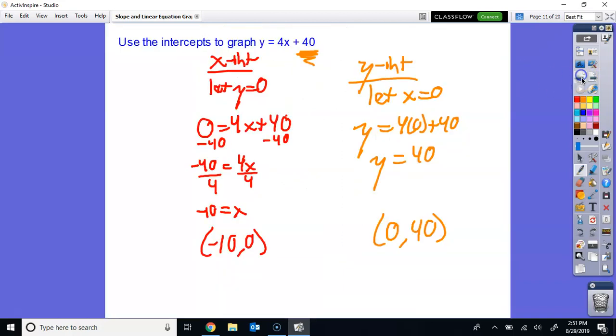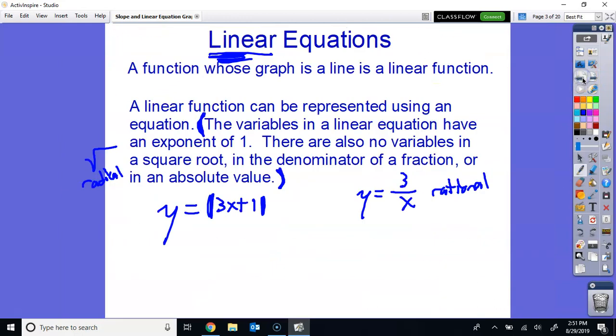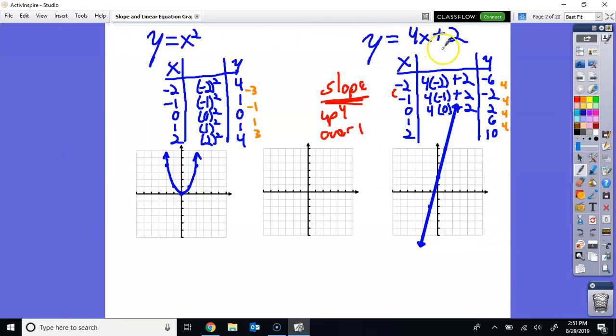Let's go back to that example that we looked at the very beginning of class here. y equals 4x plus 2. Where is the y-intercept? At 2. Look at where it crosses the y-axis. At 2. What's my slope? 4. Up 4 over 1.